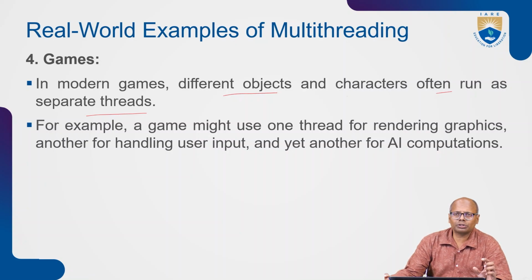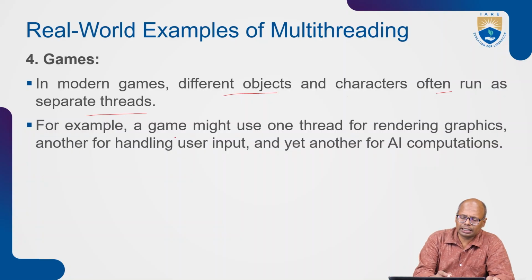On a smaller processor, the gaming experience will not be so smooth, because the number of cores is limited, so the multi-threading ability will be less. But when you have a more powerful processor, the gaming experience will be better, because you are going to use more threads and it will be very smooth.